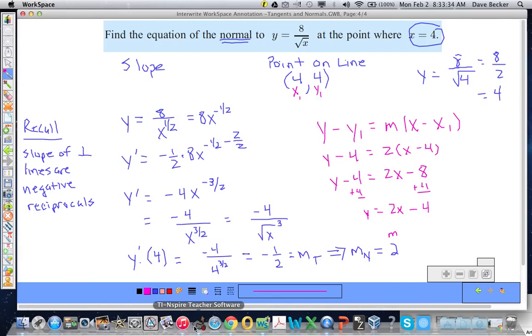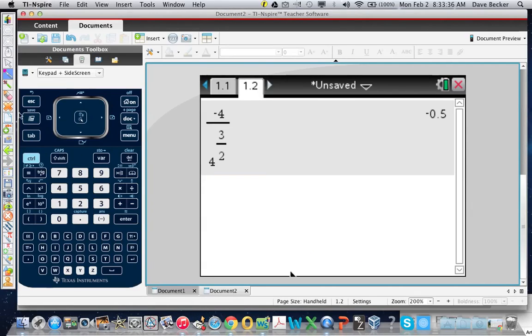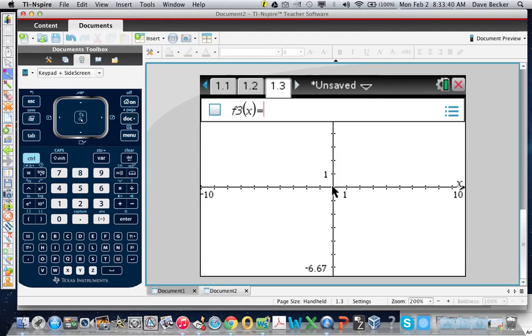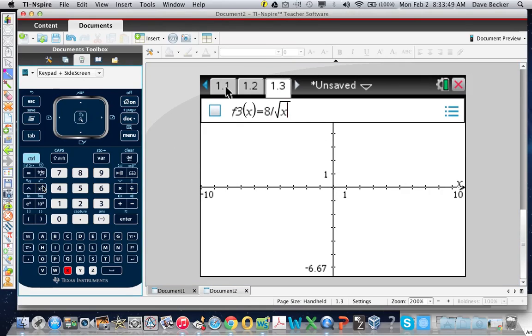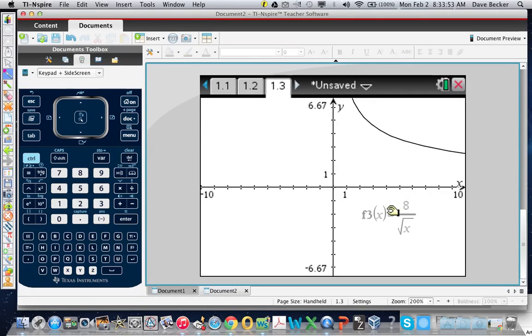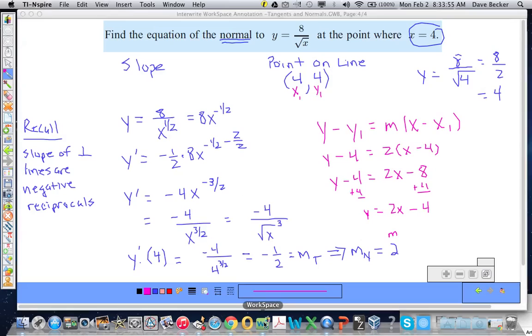So let's see, y equals 8 over square root x. Need a new page, new graph. So first we're going to graph the function, 8 over square root x. So there's the curve. Okay. And our claim is that the normal is 2x minus 4, and at the point 4, 4.